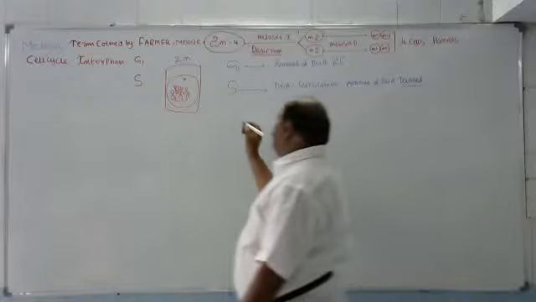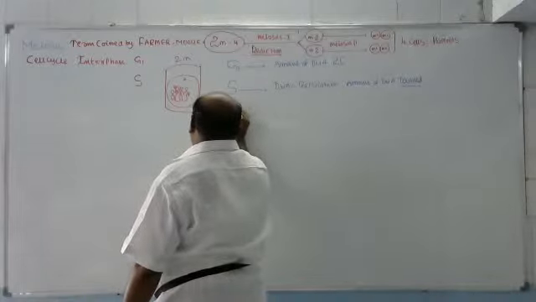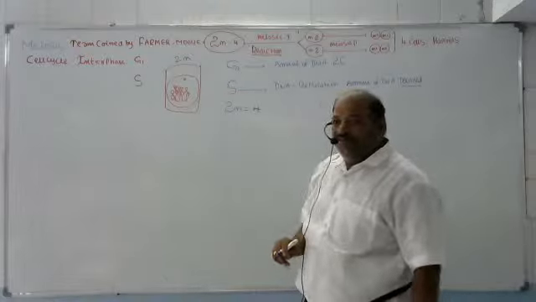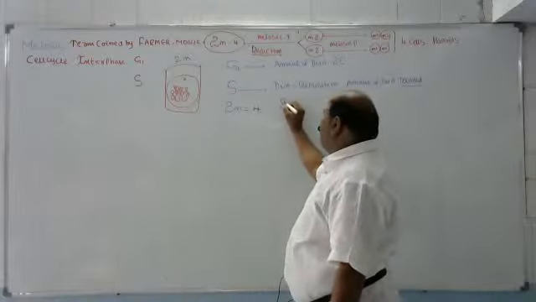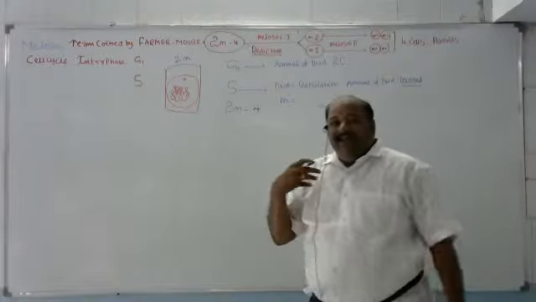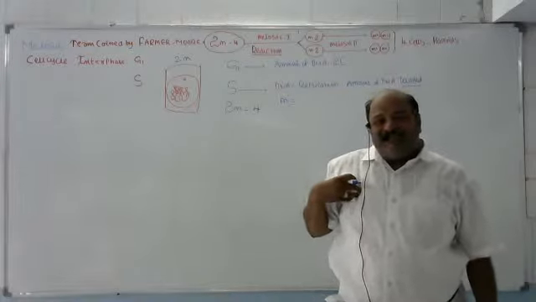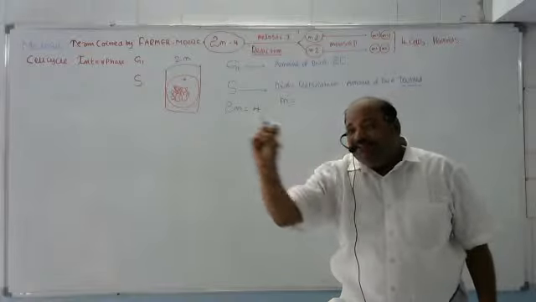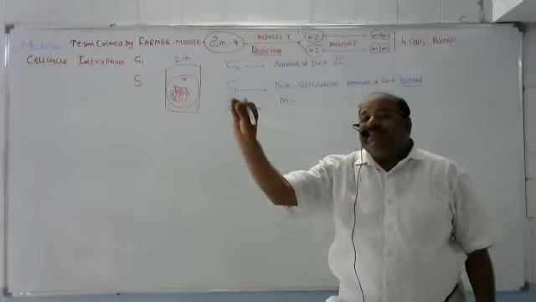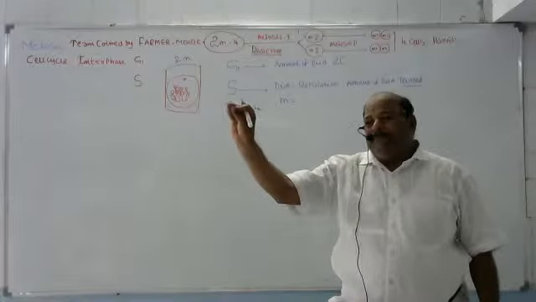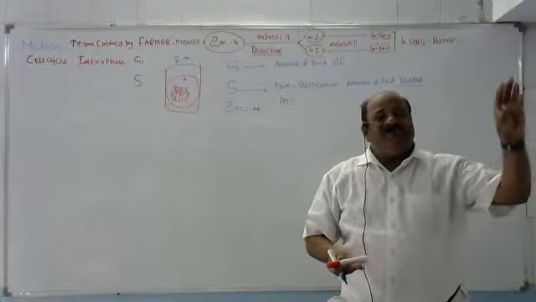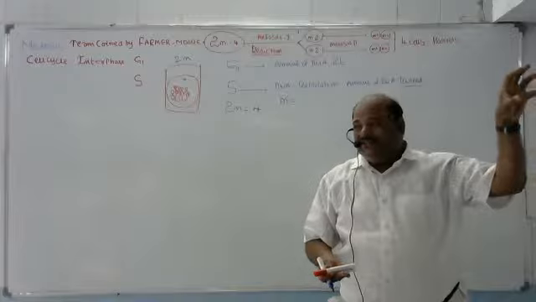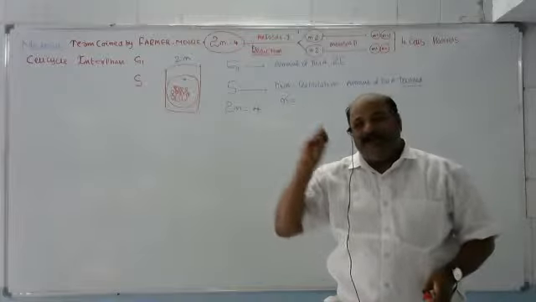For your understanding, here I would like to take 2n equals 4 chromosomes. Yesterday I was explaining, in every human cell 46 chromosomes are there. Out of the 2n equals 46, 1n equals 23 is from the father's sperm. The other n equals 23 is from the mother's ovum, means ovum as well as sperm.